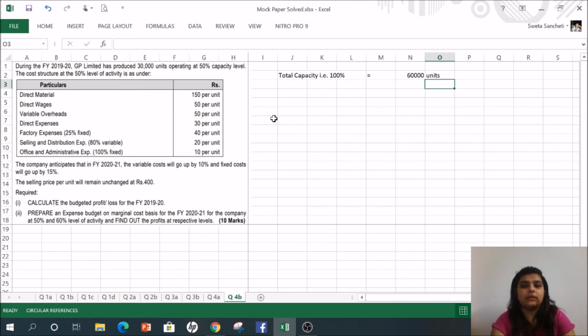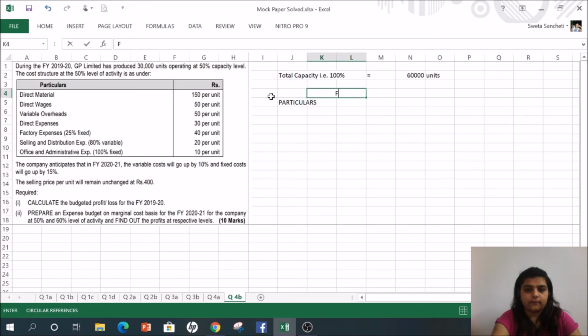Let us prepare everything in one table so that our work becomes easier. Let us give 2 minutes to preparation of account. So we are going to have particulars, then a column for FY 2019-20. In that we are going to have 2 columns, per unit and the total column.